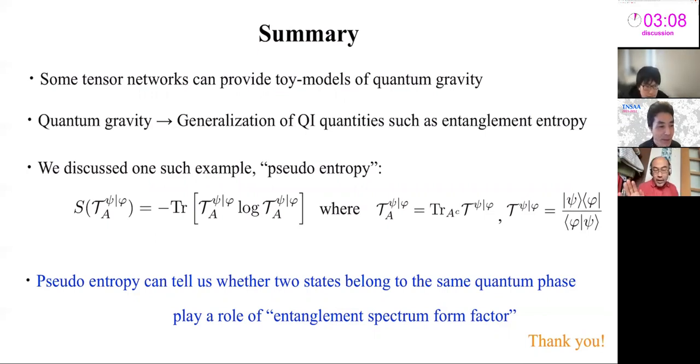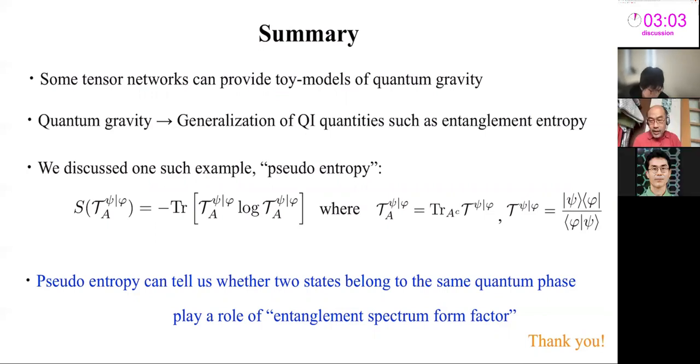Nishino-san, please. Yeah, I have a question about the transition matrix. I'm working chiefly on two-dimensional statistical models such as the classical Ising model on a square lattice. Let us think about a cylindrical system.